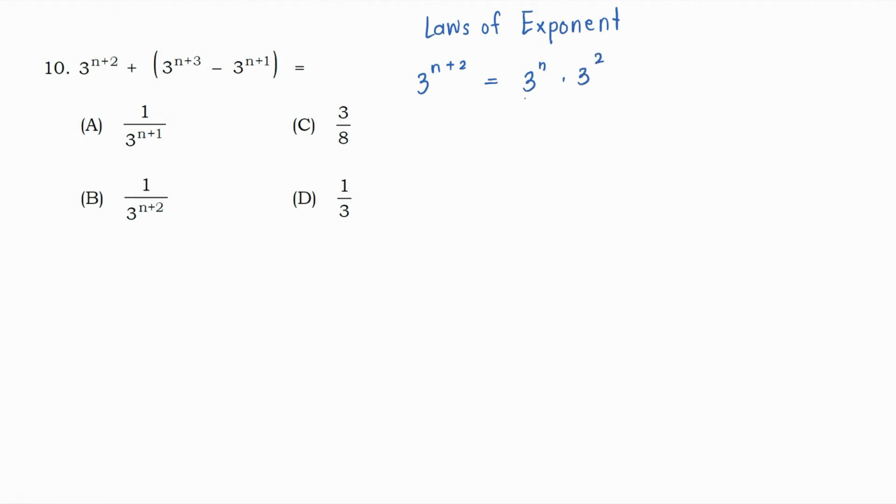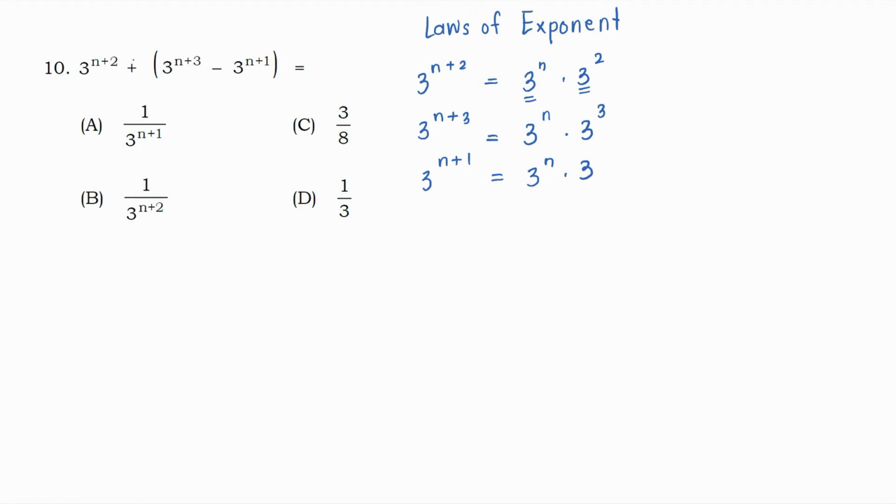Ayan, kasi same yung constant, diba? So, kapag same yung constant, ipag-a-add mo lang yung exponent nila. And yung 3 raised to n plus 3 can be written as 3 raised to n times 3 raised to 3. And then 3 raised to n plus 1 can also be written as 3 raised to n times 3.